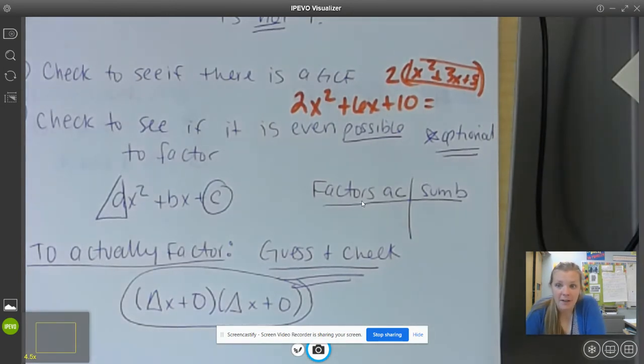If there's a greatest common factor and you can take it out, we should be so excited because we don't have to do this terrible process that I'm about to show you.